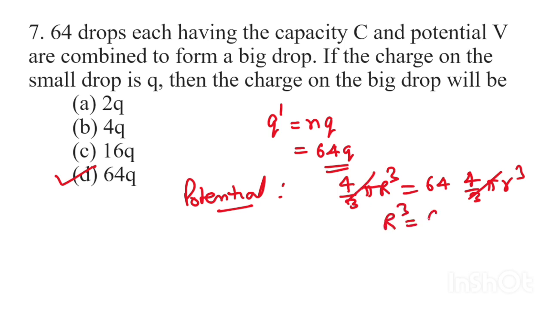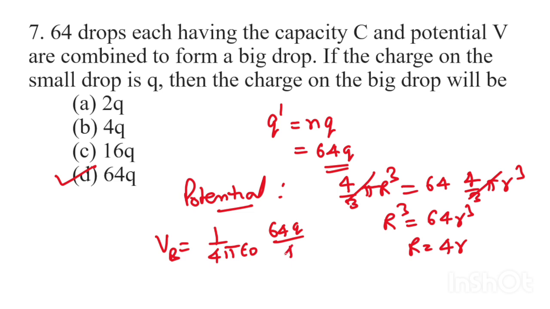R cube equal to 64 r cube, R equal to 4r. So the potential on the bigger drop equal to 1 upon 4 pi epsilon naught, charge becomes 64Q, radius becomes 4r. 4 into 16, this cancels, so 16 into 1 upon 4 pi epsilon naught Q upon r. So the potential becomes 16V.